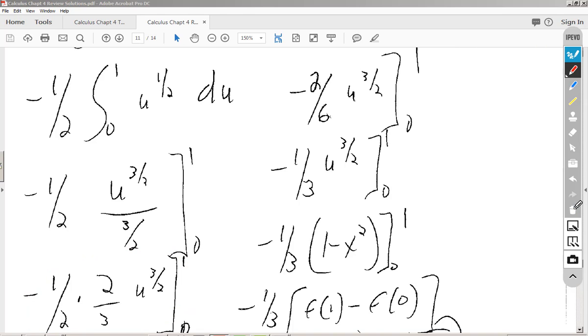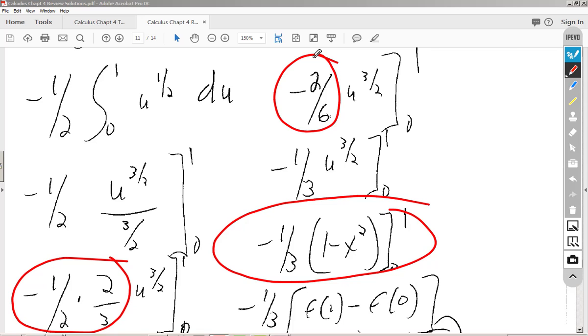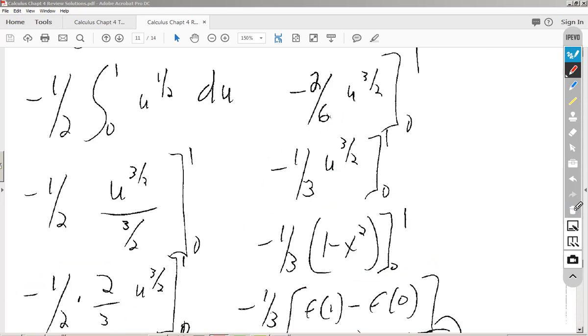Since u was equal to 1 minus x squared, I'm going to substitute that into my equation right here. I take the negative 1/2 times 2/3. That's going to give me negative 2/6, which reduces down to negative 1/3. Now substituting in my u value, I've got negative 1/3 times 1 minus x squared to the 3/2, evaluated at 1 and 0.